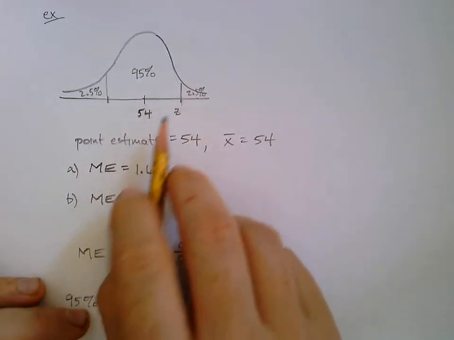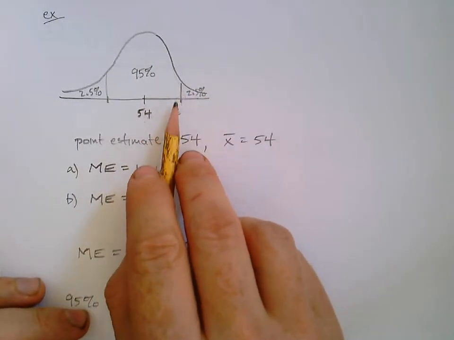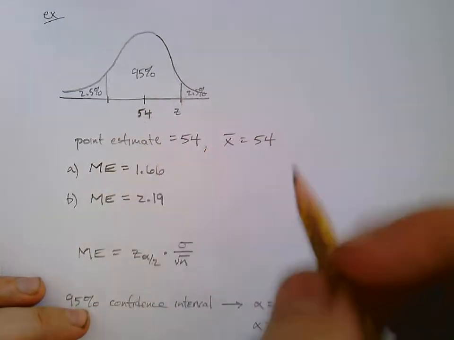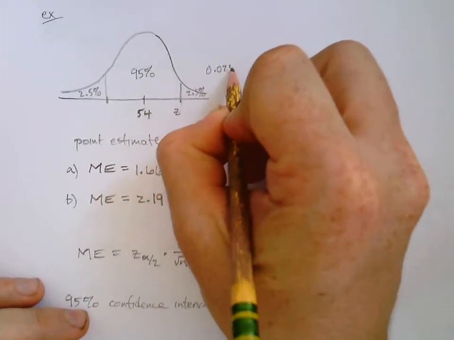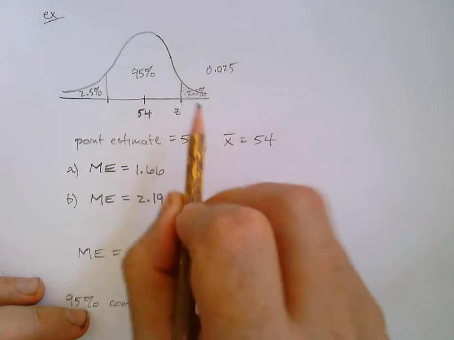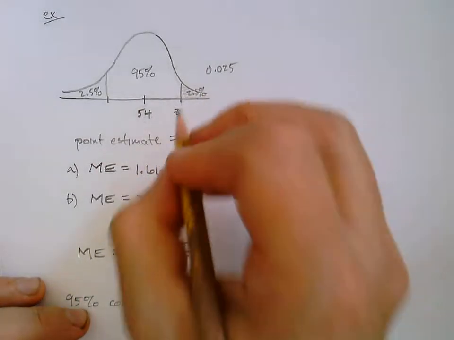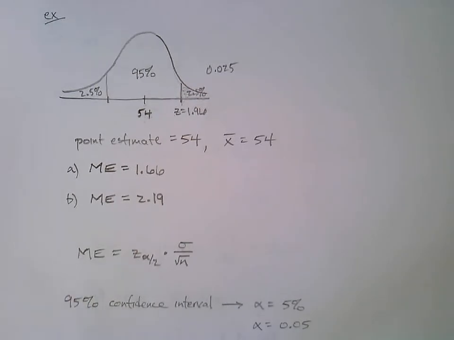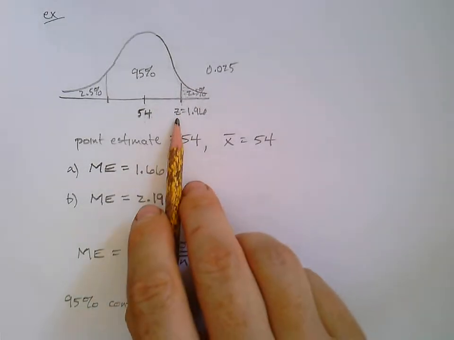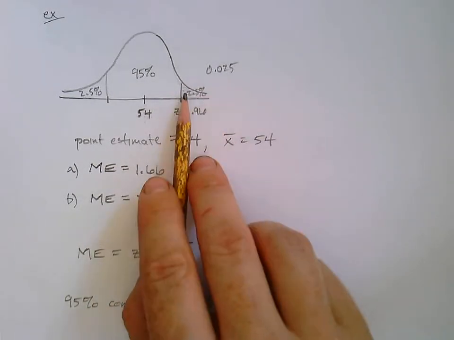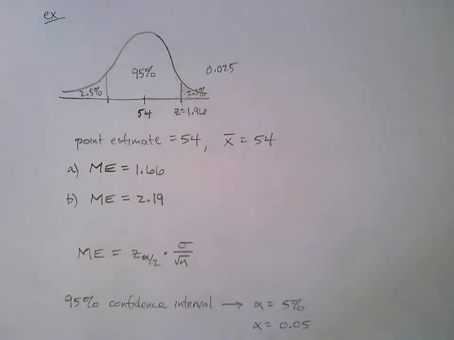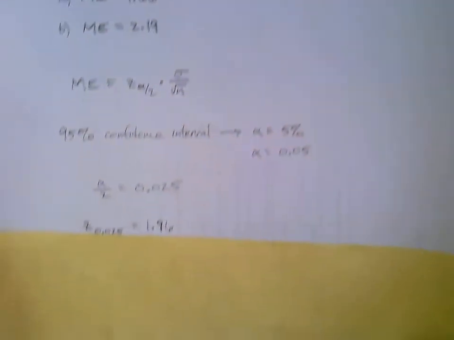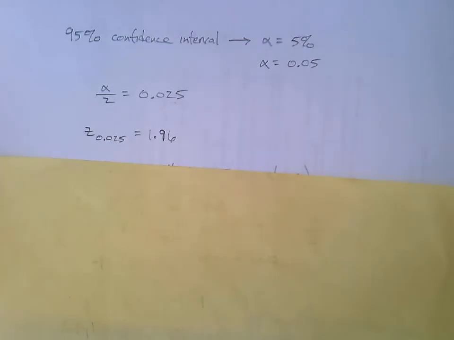So if we wanted to know the Z-score here, that's the Z-score with 0.025 above it. And it turns out, and we just used the StatCrunch calculator, right? That Z-score there with 0.025 probability above is Z equals 1.96, which is what the StatCrunch calculator told us.